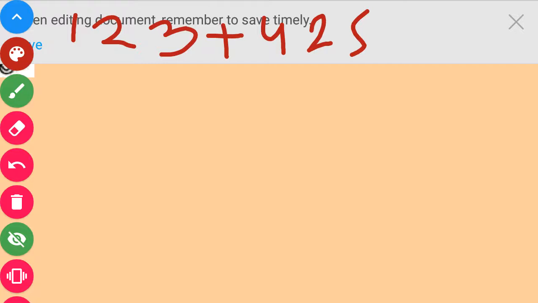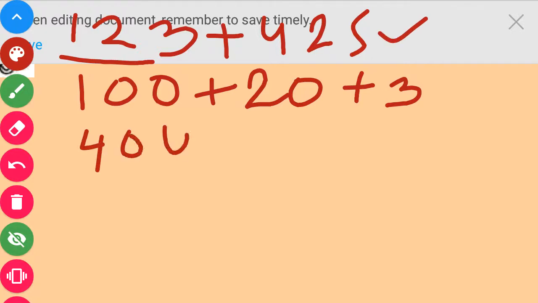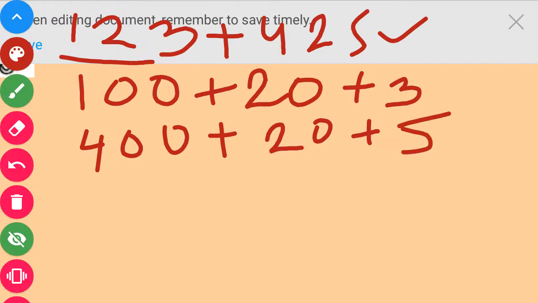Okay. So what we will do first, we will expand 123. Expanding 123, we will get 100 plus 20 plus 3. And expanding 425, we will get 400 plus 20 plus 5.